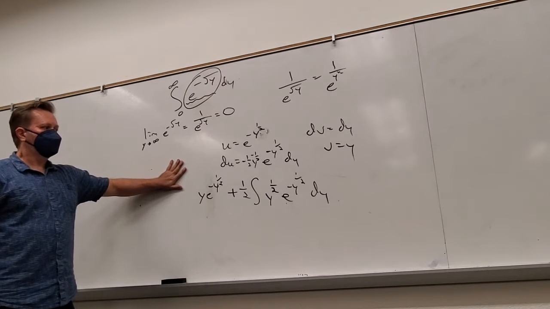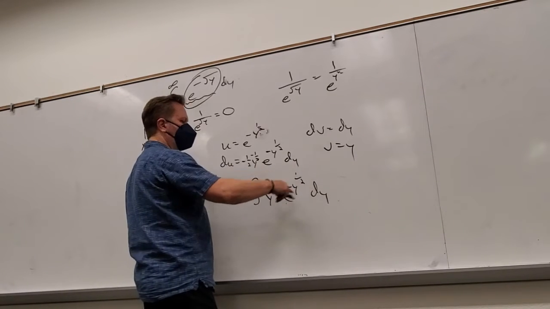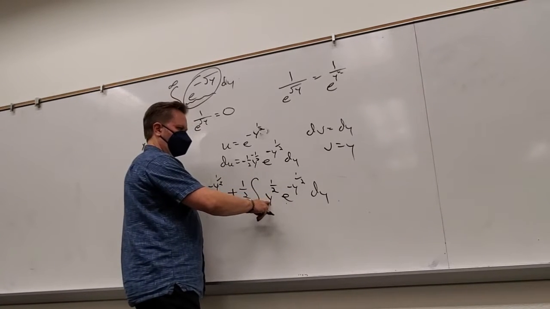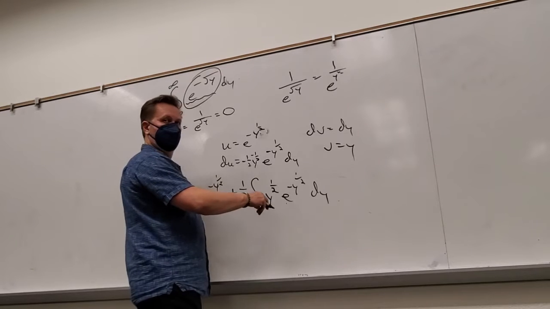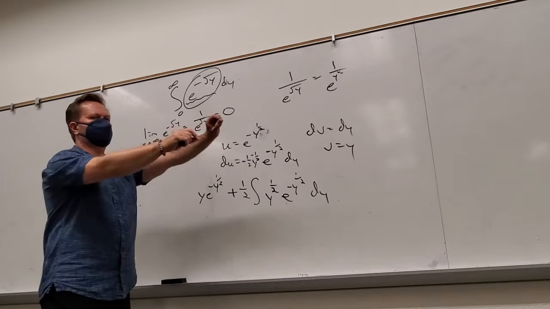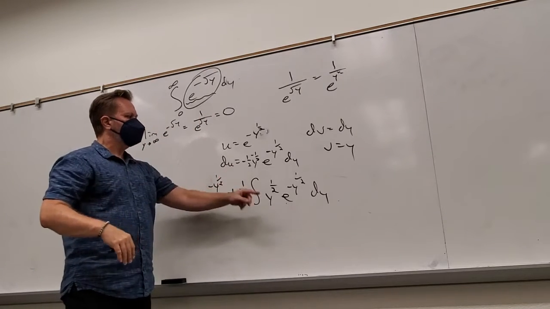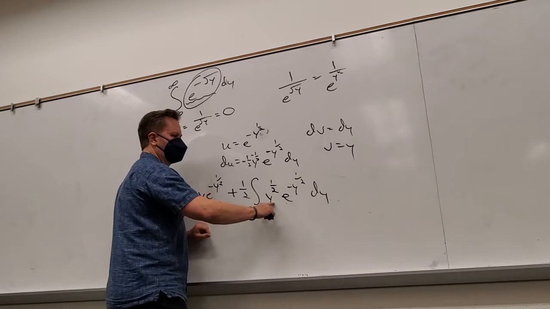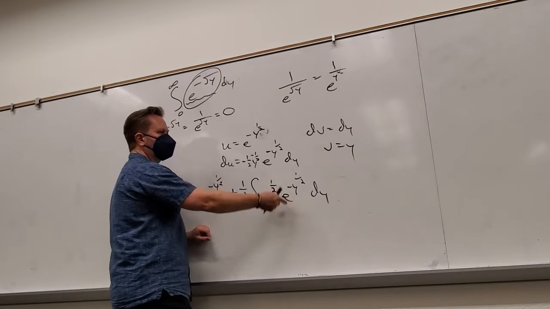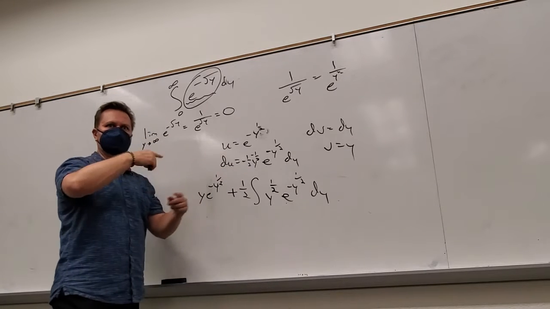The u sub won't work because the derivative of this is y to the negative 1/2, right? By parts again? Let me see if this makes sense to you guys. If you use by parts and basically say u equals this and dv equals this, you're sort of undoing what you just did, right? So you sort of get in this perpetual loop.